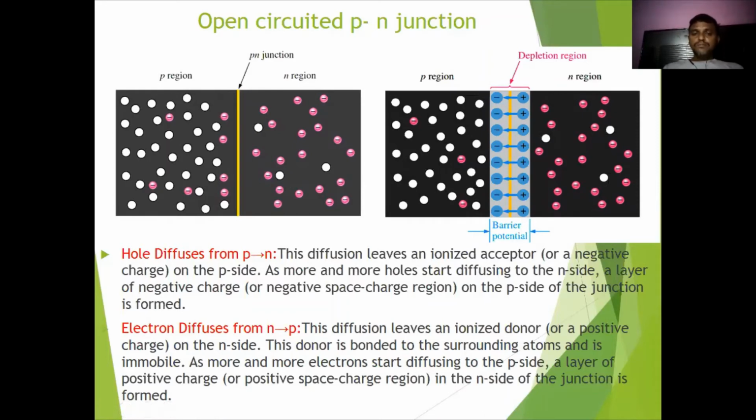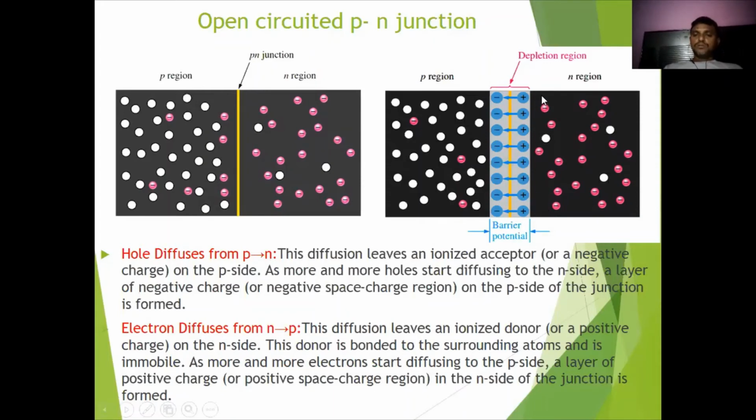Similarly, you can observe electron diffusion from n to p. These majority carriers move from a higher concentration to a lower concentration. As the electrons move from the n region to the p region, they leave some ionized positive donor ions.